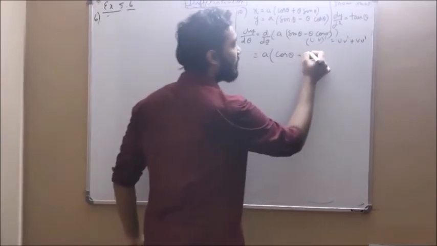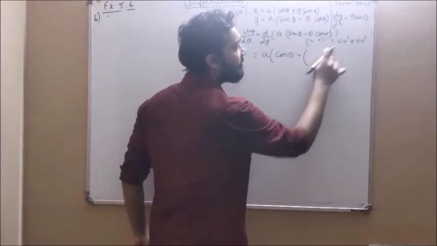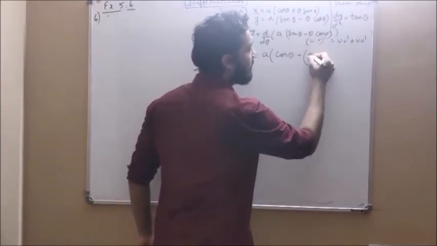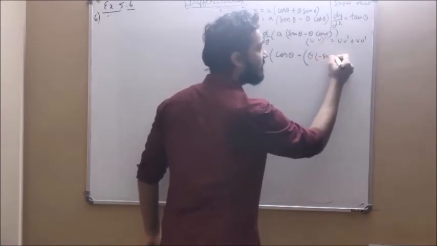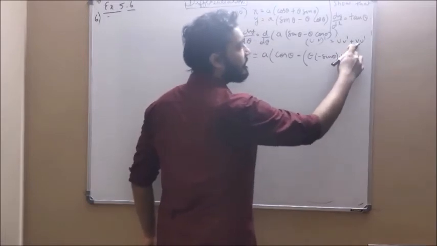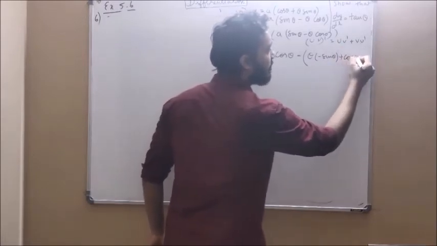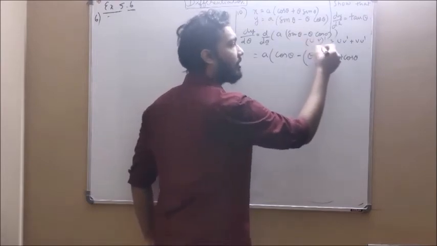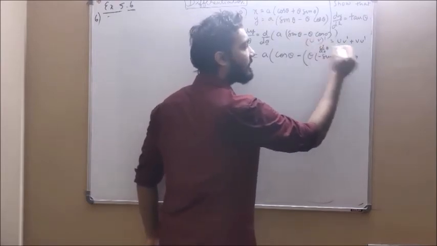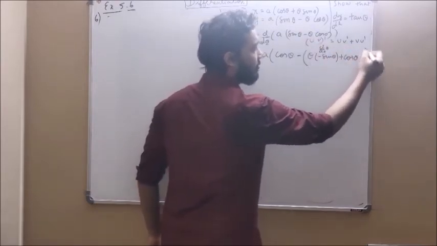So now differentiate. First function is theta into differentiation of second function. Differentiation of cos theta is minus sin theta, plus second function cos theta into differentiation of first function, d by d theta of theta, which is 1.